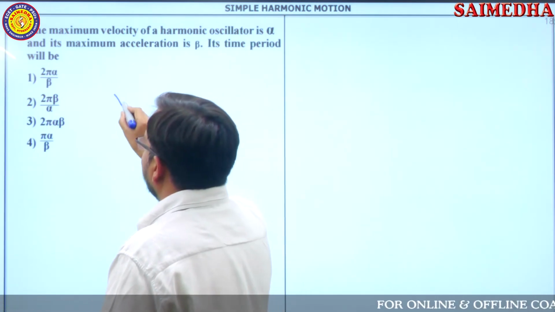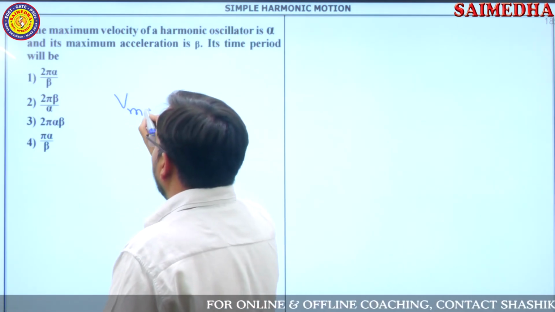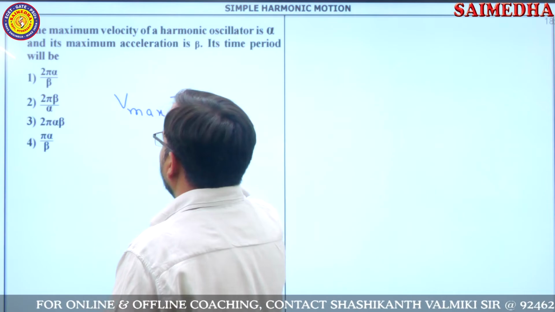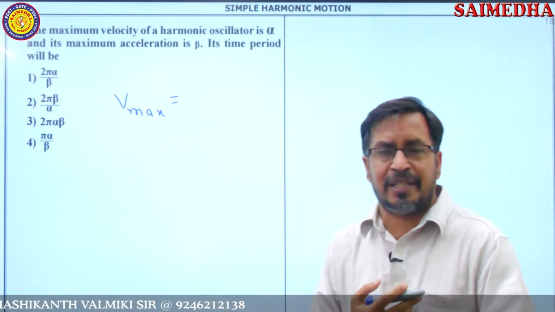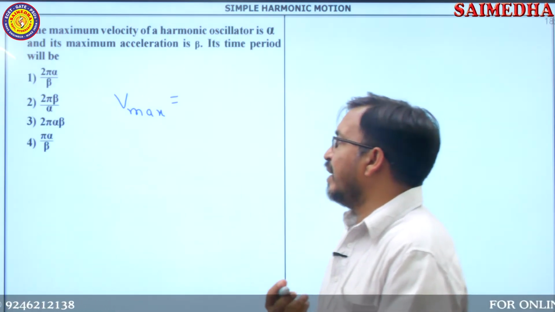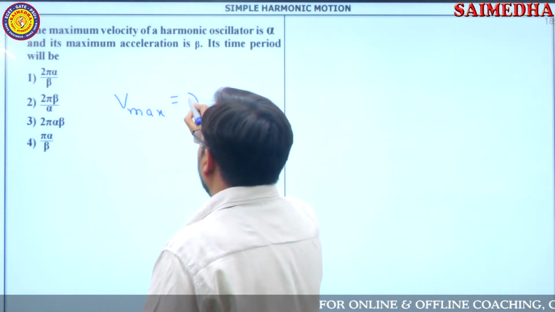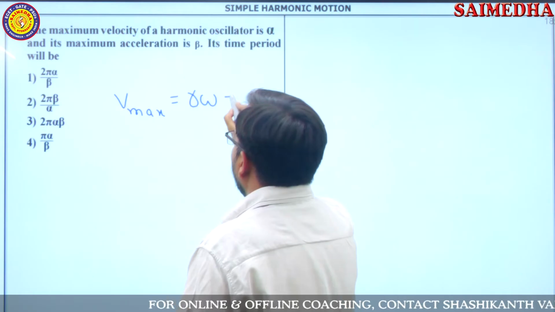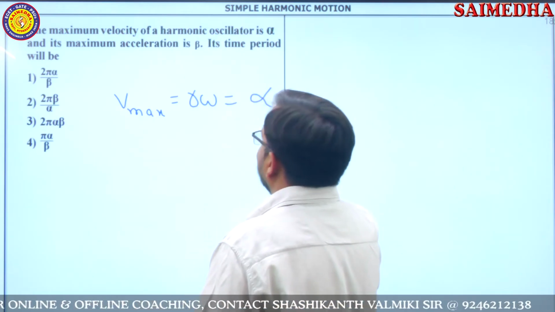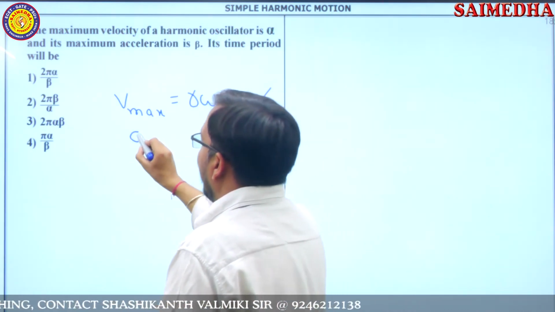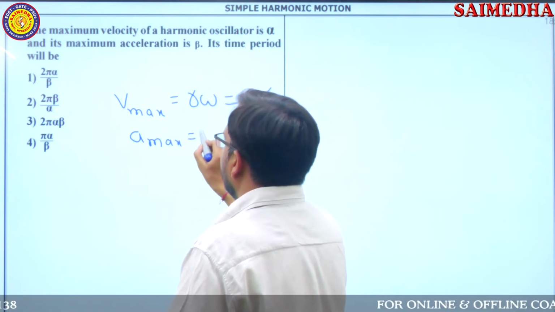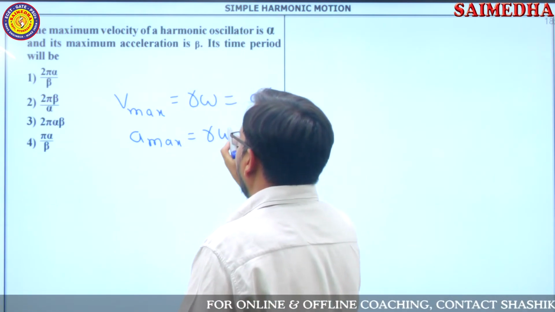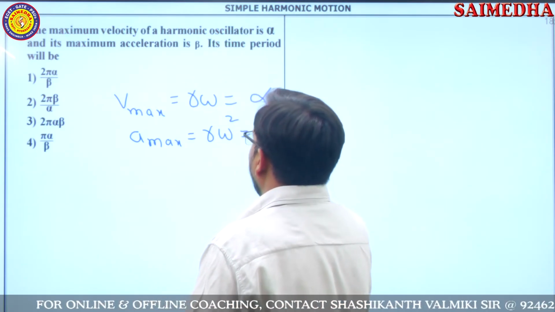V maximum equals r omega, which is alpha. Similarly, maximum acceleration A maximum equals r omega square, which is given as beta.